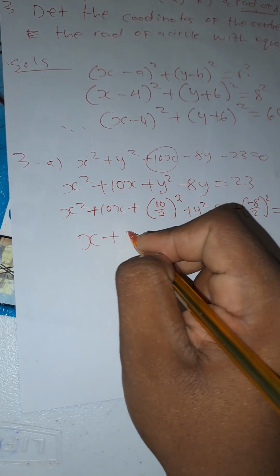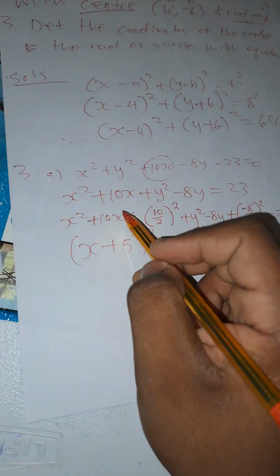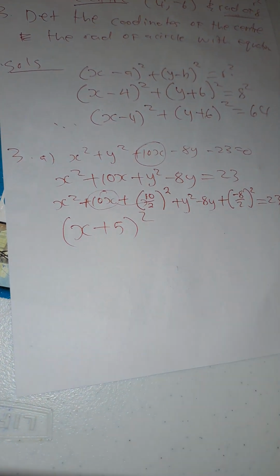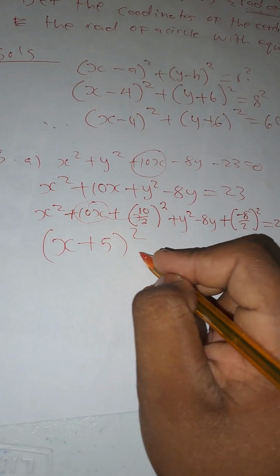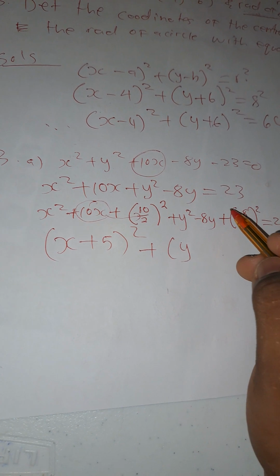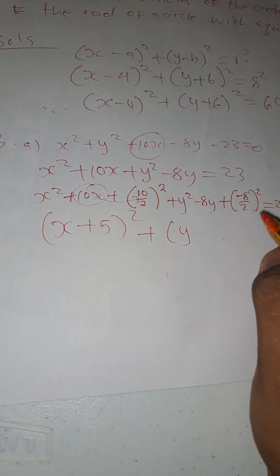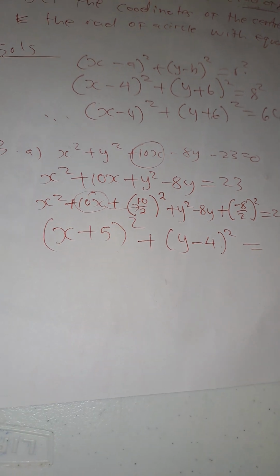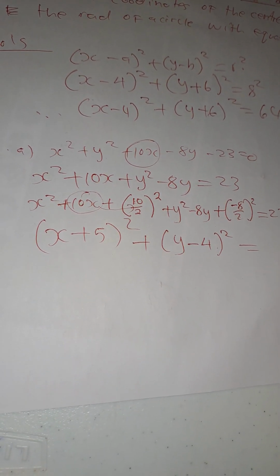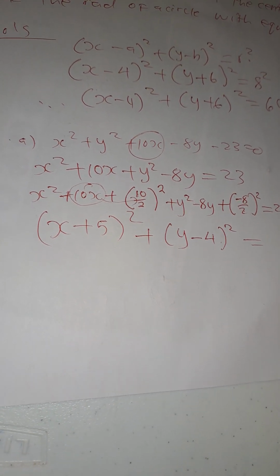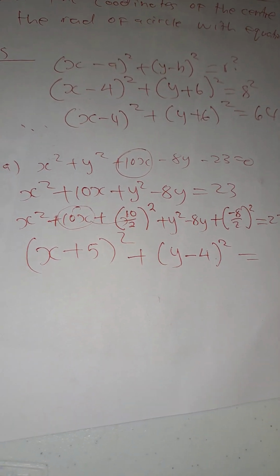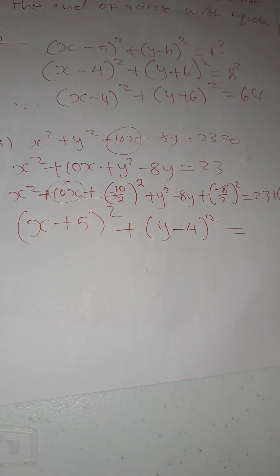So it will be (x + 5)². The 10x will disappear because it was for completing the square. Then plus (y − 4)², since negative 8 divided by 2 is minus 4, equals 5² which is 25, plus 16, plus 23.